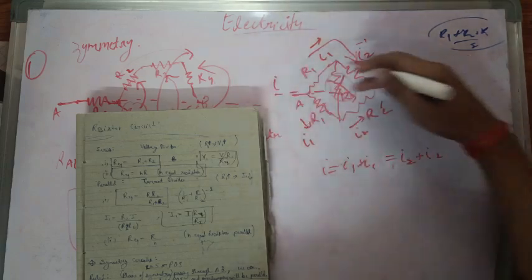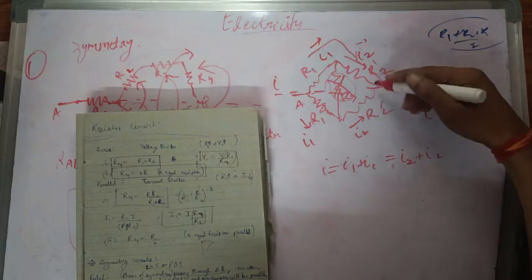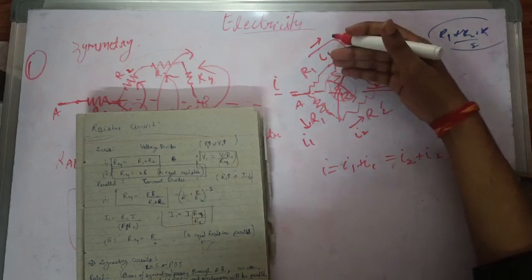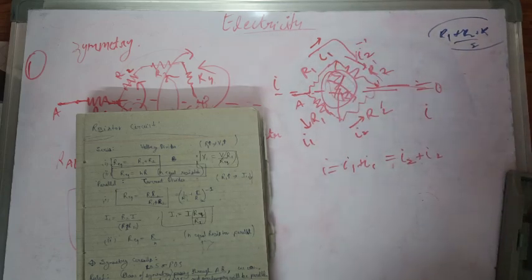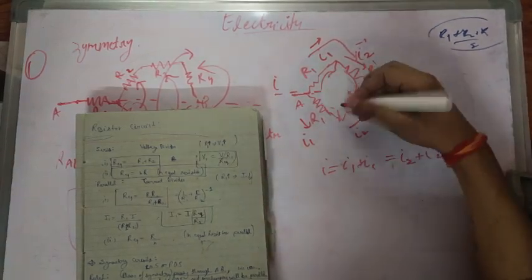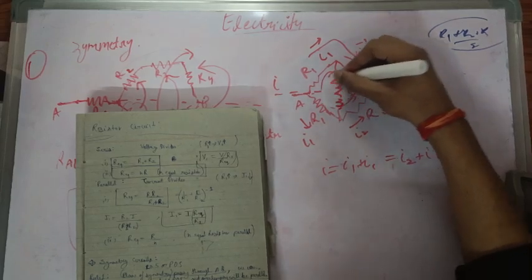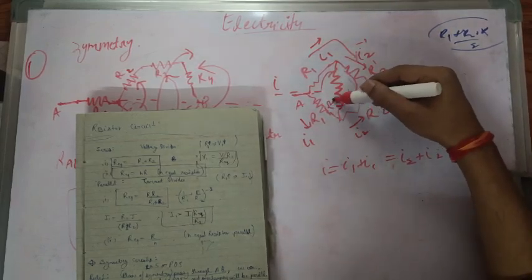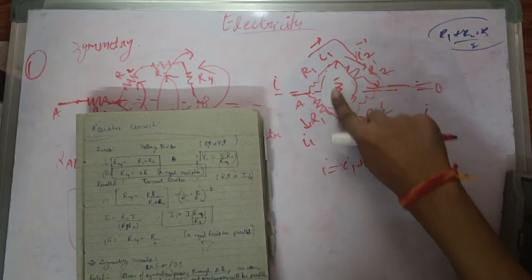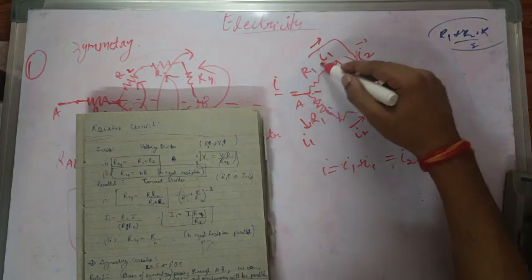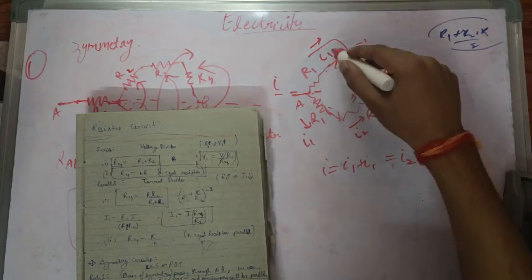So when the circuit is symmetrical about the line joining these 2 points, then this part can be rejected. Like this resistor part can be rejected. If I add many resistors here, let's say R3, R4, R5, all of them will be discarded because there is no current going into this.